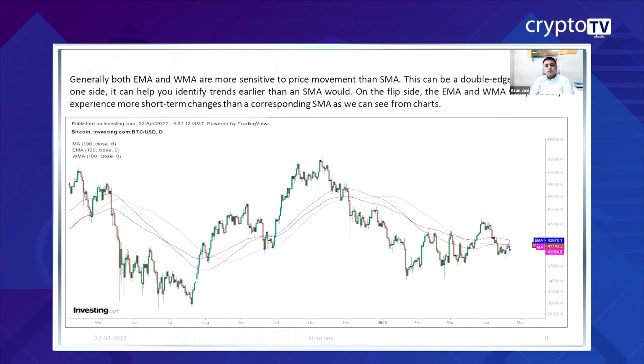I have used a Bitcoin chart and kept the simple moving average. SMA is simple moving average, EMA is exponential moving average, and WMA is weighted moving average. Here you can see in coffee color the weighted moving average. It is very sensitive. Whenever price moves, it moves very fast, either up or down. Then the less fast one is your exponential moving average, and the very lazy one is called the simple moving average.